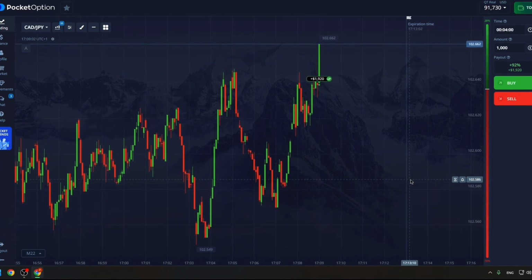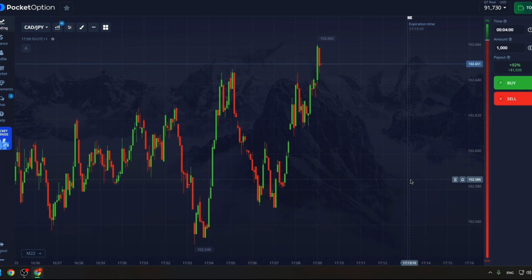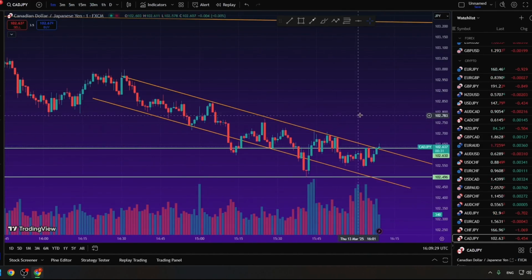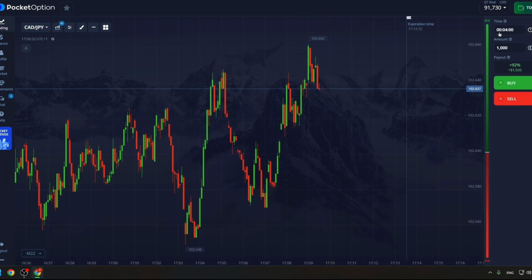The trade closed in profit, but the price returned to the level, deciding to retest it. To show you that my analysis is correct and the price will really go where I predicted, I'll open another trade.